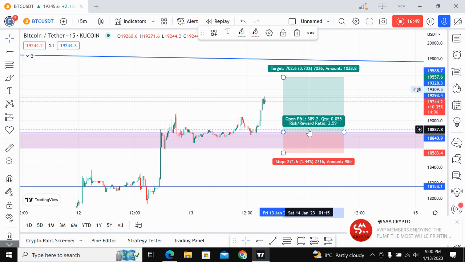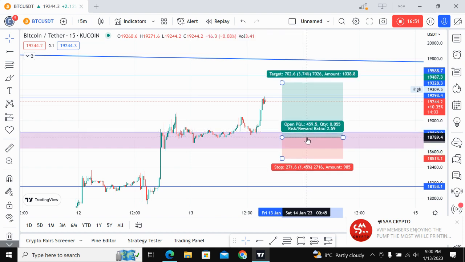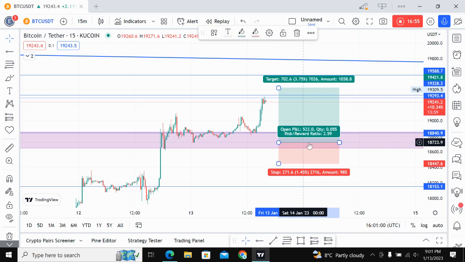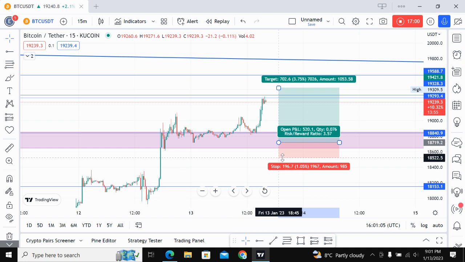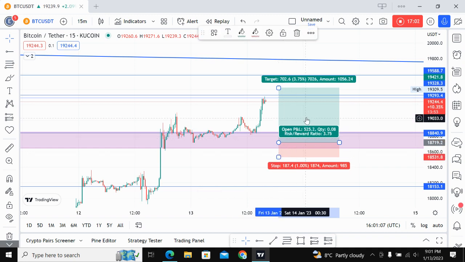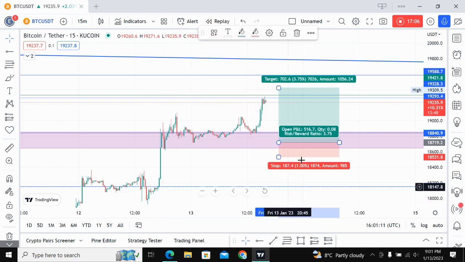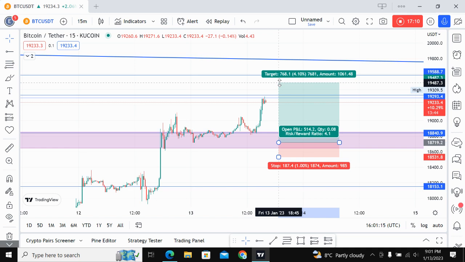You can also make it a little down here, like for more precision you can go to 18,700 and place your stop loss below. So now you can see you are risking $15 for a profit of $56. So that's great. But you should move it here.